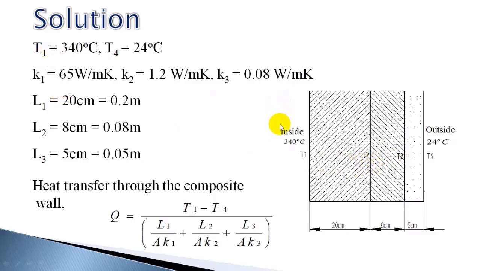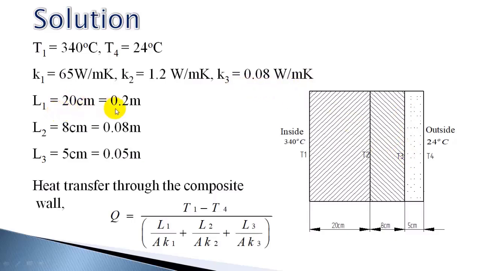Now temperature T1 is given. T1 is 340 degrees centigrade, and at the other end, T4, we will take 24 degrees centigrade. The thermal conductivities of all three materials: first material 65, second material 1.2 and third material 0.08 watts per meter Kelvin, so it's an insulator.